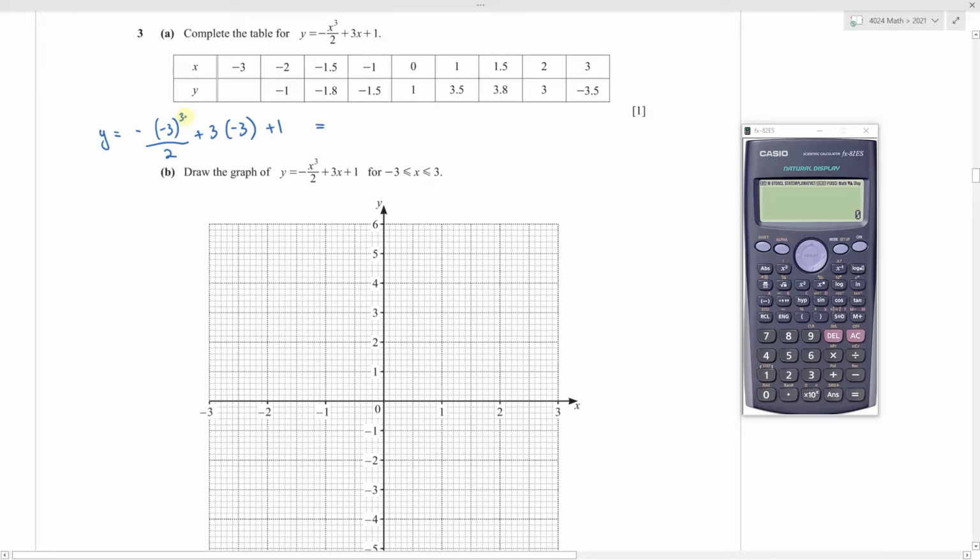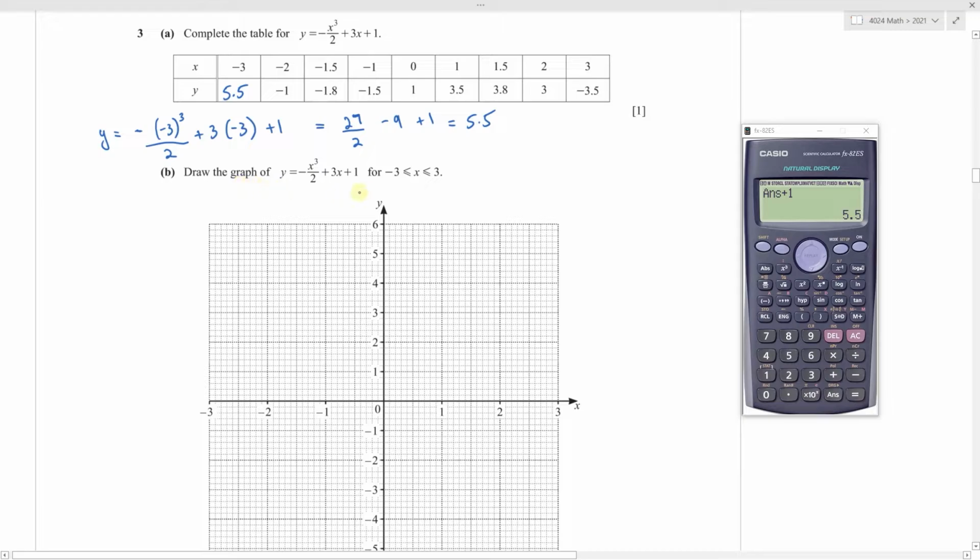Minus 3 cubed will be minus 27, and minus 27 multiplied by this minus sign becomes plus 27. 27 over 2, minus 9, plus 1. So 27 divided by 2 minus 9 plus 1 is 5.5. So your value here is 5.5.